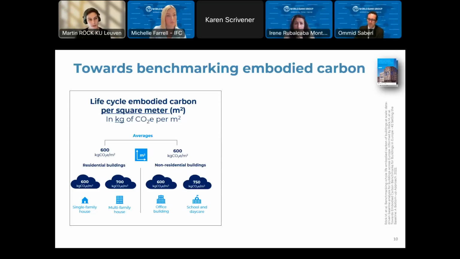It makes a difference whether we look at the embodied carbon of buildings per square meter of the building. So for example, here, you see that we can distinguish different building types. Single family houses on average were around 600 kilograms per square meter. Multifamily houses were a bit higher. Also for office buildings or other non-residential buildings, we can develop benchmarks for the kilogram per square meter.